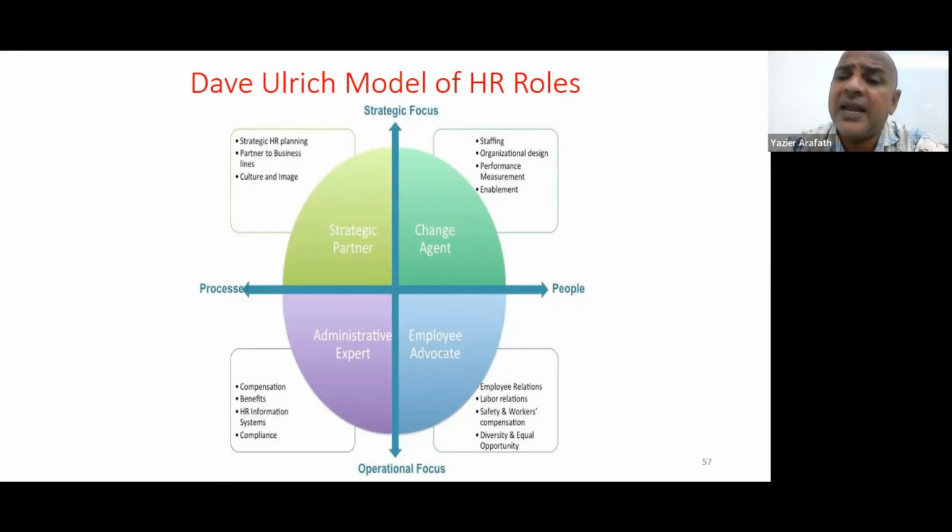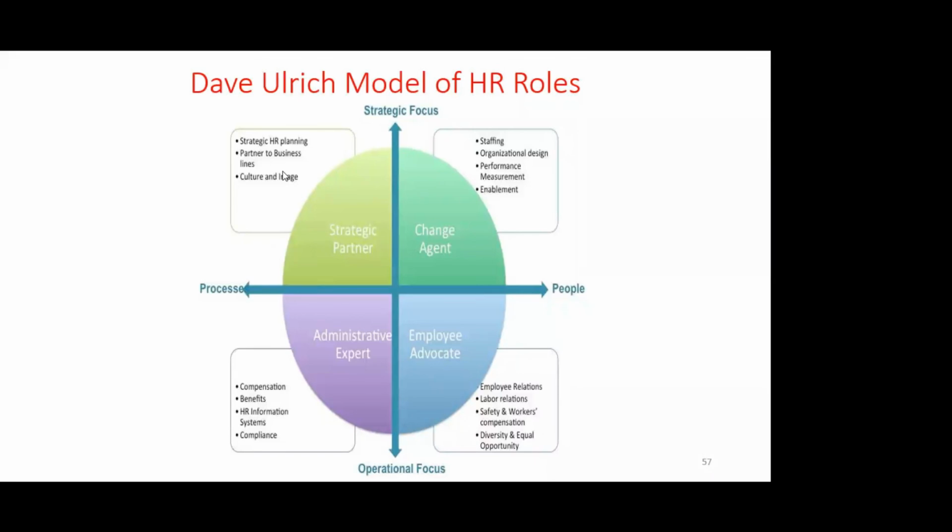So he will be an administrative expert, an employee advocate, a change agent, and a strategic partner. Focusing on strategy, he will act as a strategic partner and change agent; focusing on the people, he will be the employee advocate; on the process, administrative. Do you understand this? I already discussed this.